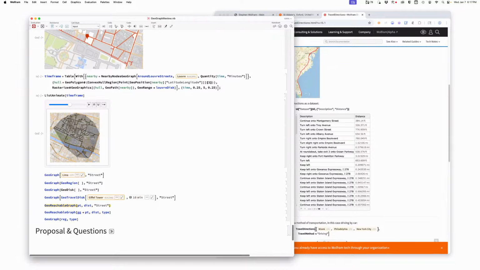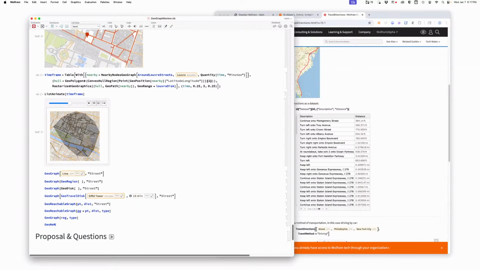This reminds me of a GeoNearest with some sort of distance function driving. Yes. But the problem with GeoNearest, well, okay, let's look at GeoNearest. I think it has a different structure from what we will need. I know we could say GeoNearest graph.